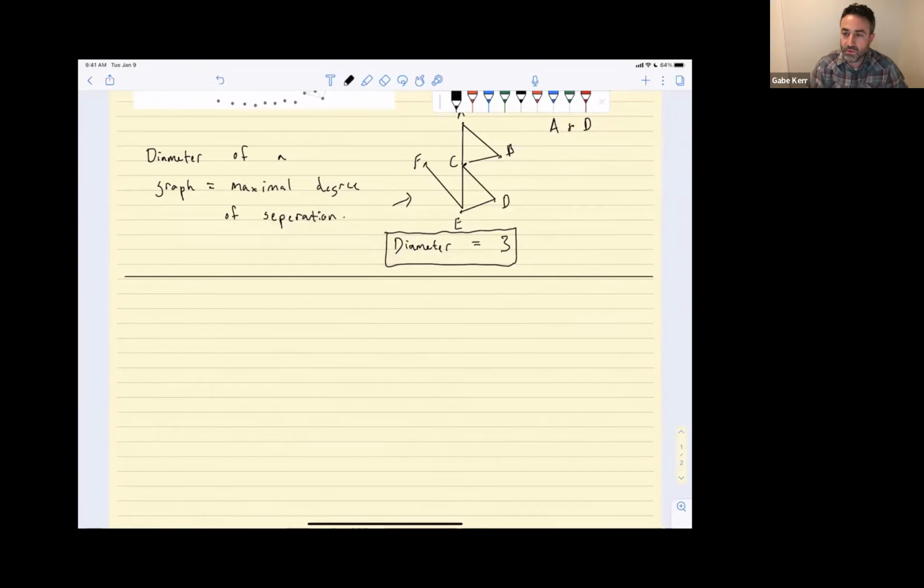So a tree is a particular kind of graph for a mathematician or for someone who's applying math or thinking about graphs. A tree is a connected graph without any circuits.